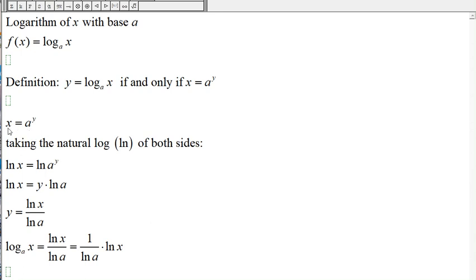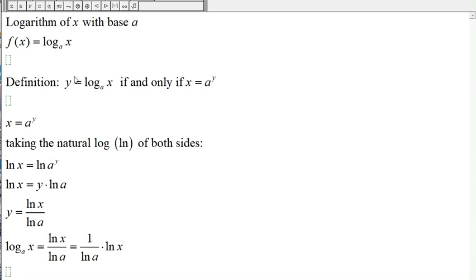We have x equal to a to the y, and now we take the natural log of both sides, and we get ln of x is equal to ln of a to the y. By the power rule, we can move the exponent y and place it in front of the ln. Then divide both sides by ln of a. Then we get y to be ln of x divided by ln of a.